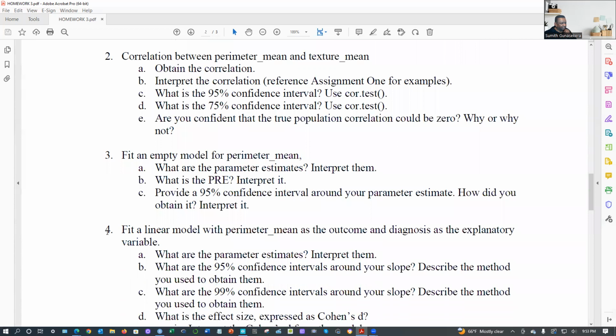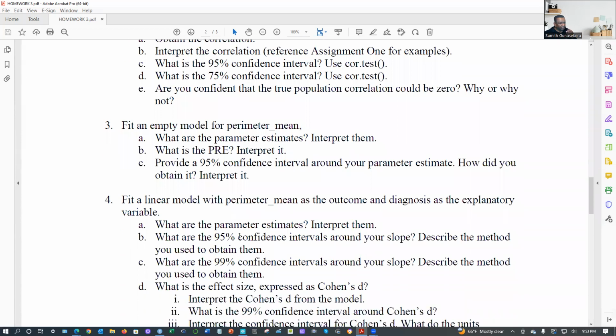Before that, let's look at the mean. What are the parameter estimates? Fit an empty model for the perimeter mean. With an empty model, your estimate would be the average of the perimeter mean.